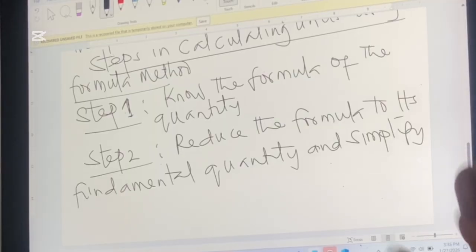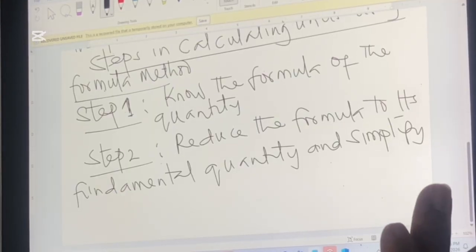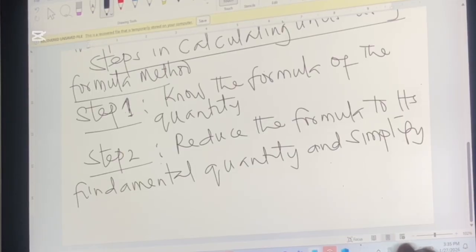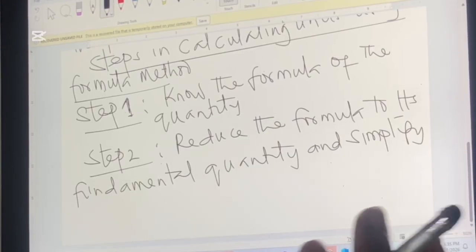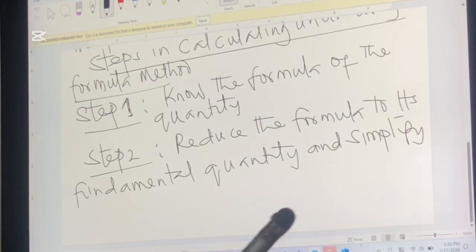So class, these are the steps to take whenever you want to calculate any unit using formula method. We are going to apply them one by one.